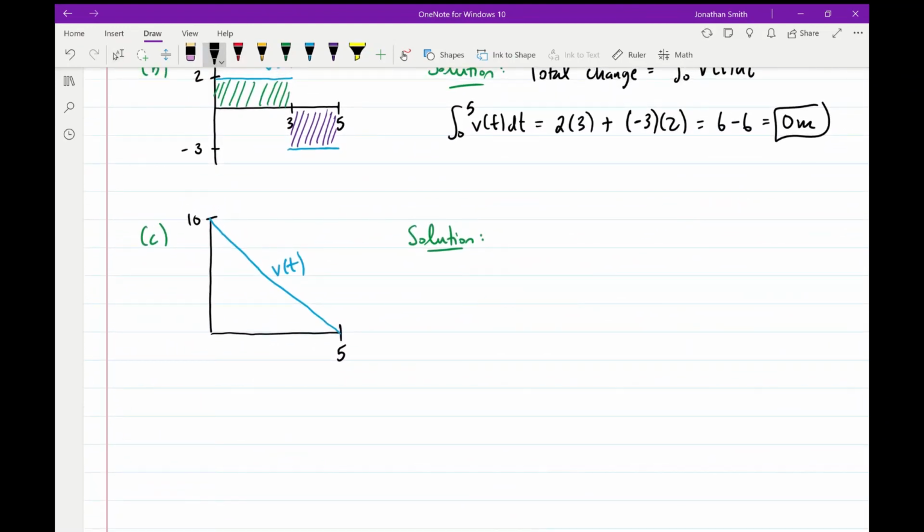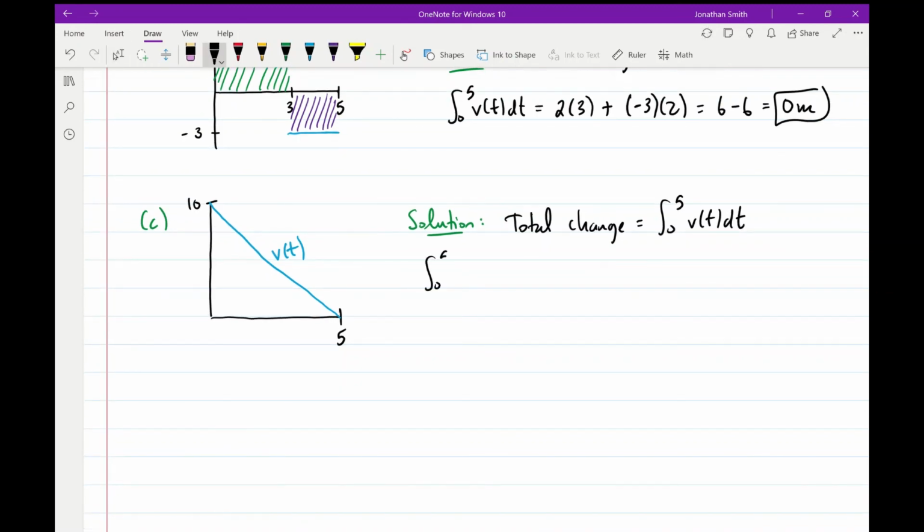And finally, this last one, again, the total change is still going to be the integral from 0 to 5 of the velocity function, but the velocity function is different again. And this time, we calculate this area under the velocity function by using the formula for the area of a triangle. So it's positive here because the velocity function is always positive.